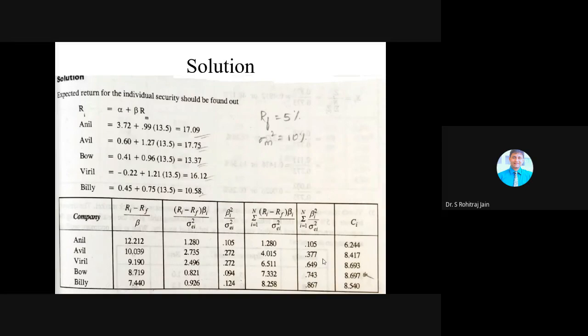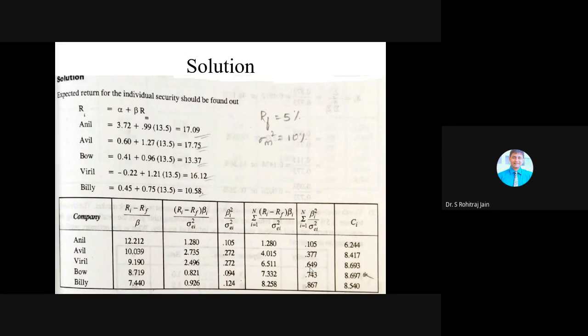Correct? Similarly for the third stock, 10 multiplied by 6.511 whole divided by 1 plus 10 into 0.649.